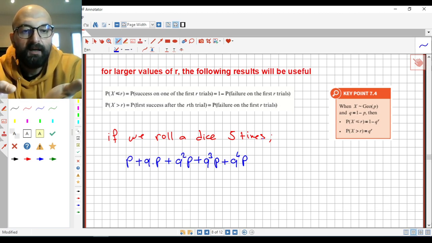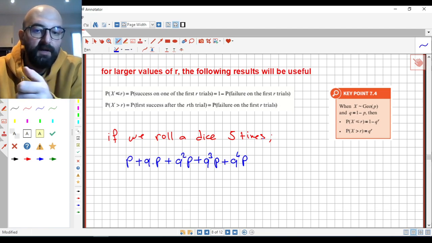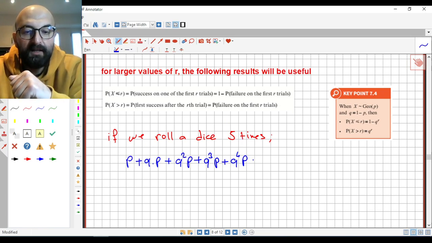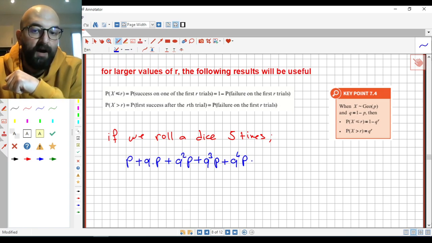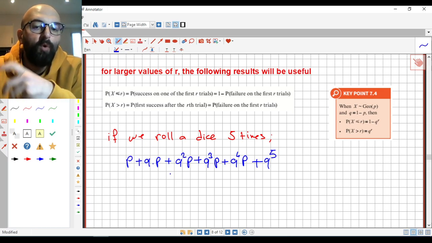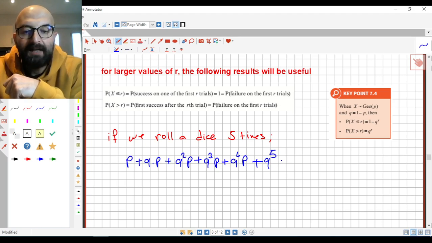Maybe among all outcomes of rolling the dice we can't get 6. It means 5 times failure. Excuse me, 5 times failure is q to the power of 5. This is the sum of all probability values. As you remember, the sum of all probability values has to be 1.